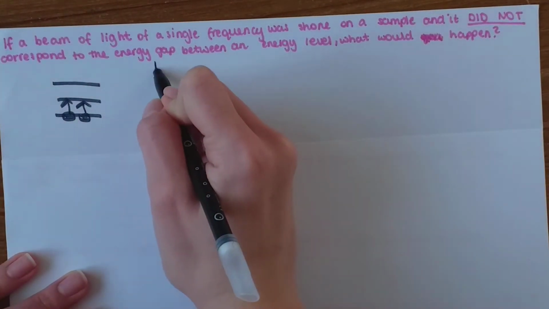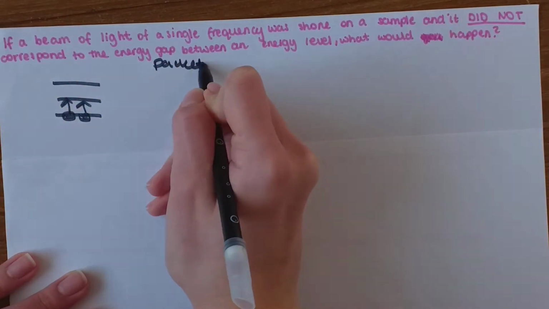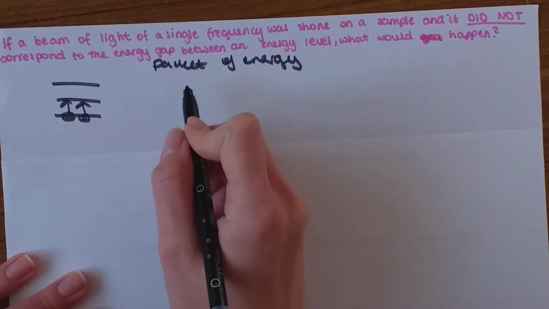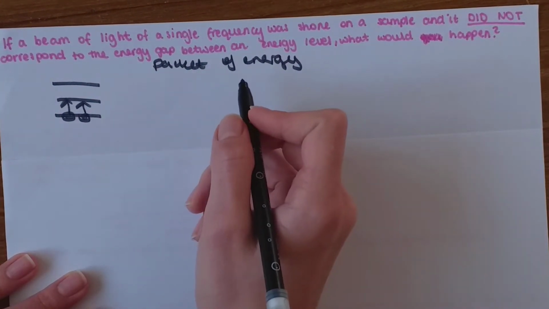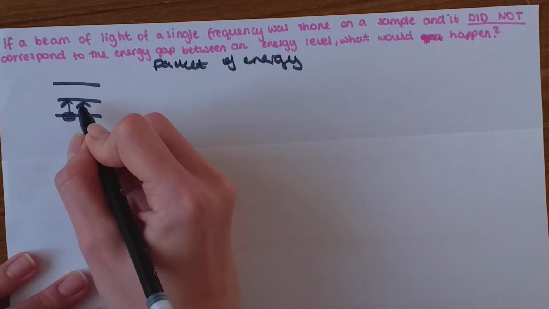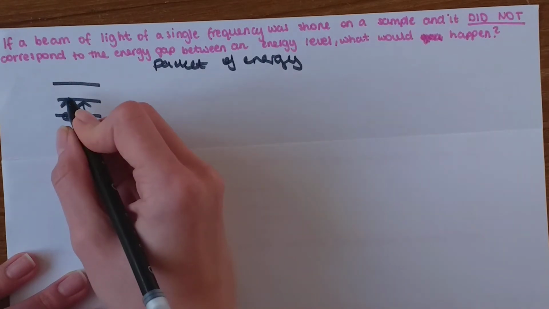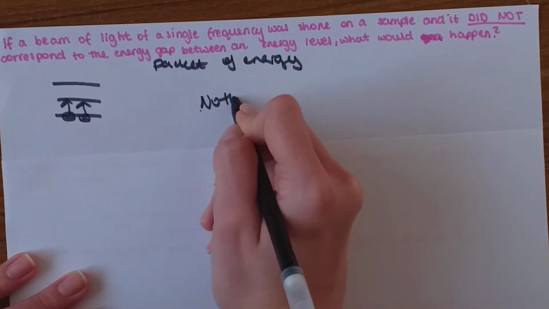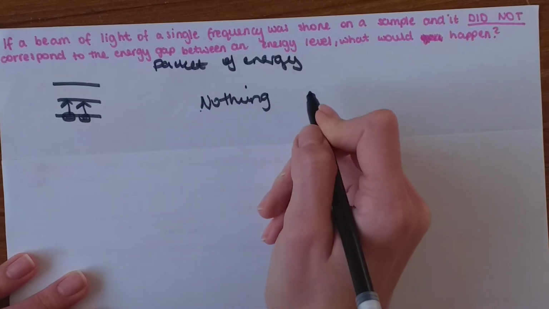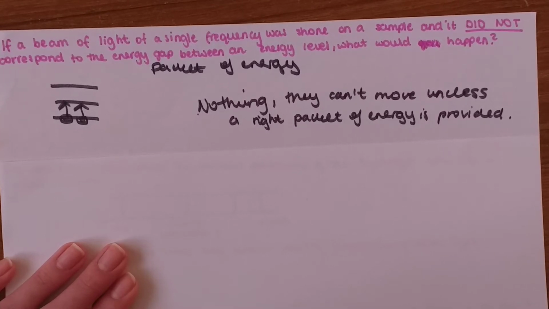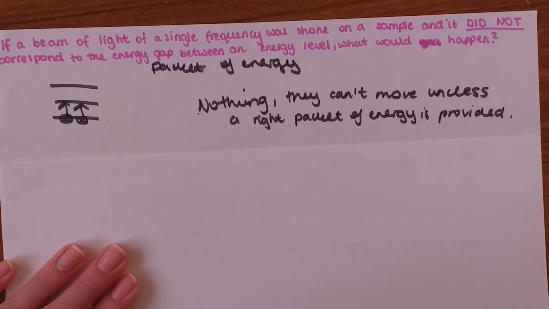It has to have a packet of energy of the right size for the electron to jump. So if there is not enough energy, it won't just jump a little bit and then stay there. It has to have just enough energy to jump to higher energy levels. So our answer is nothing will happen. They can't move unless the right packet of energy is provided.